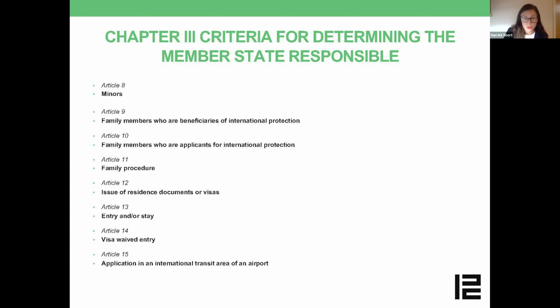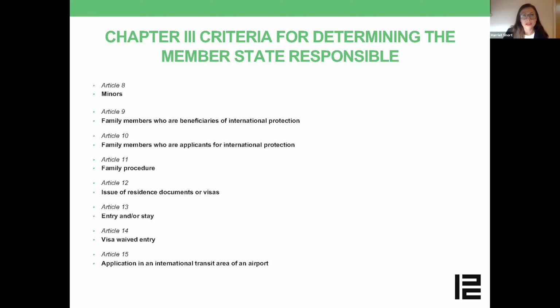Now, just broadly, Article 8 applies to unaccompanied children who have family members or relatives legally present. Article 9 is broadly people in a member state who have family members in the UK, and so on.